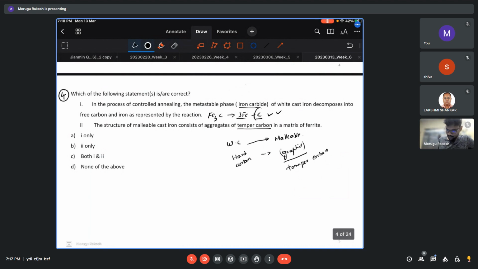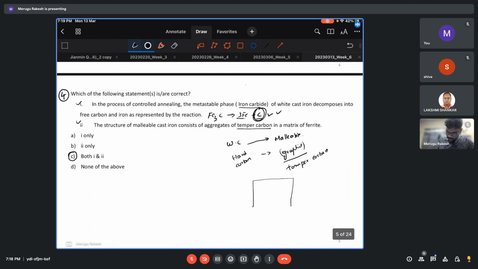In this case, both the statements will stand true because this metastable phase, iron carbide, is broken down into iron and carbon, and this carbon is also called temper carbon. Right, sir.